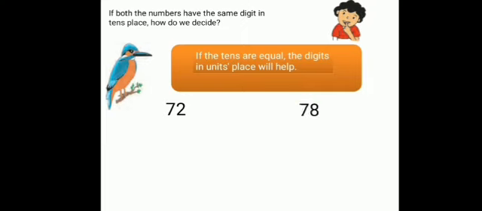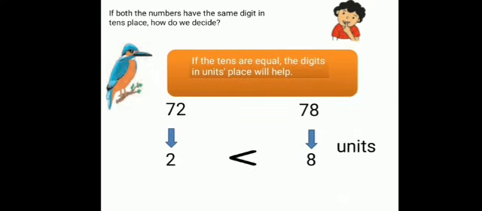Now we'll take the example 72 and 78. At the unit place in both the numbers, it's 2 in 72 and 8 in 78. So 2 is less than 8, and talking about 72 and 78, we can say that 72 is less than 78.